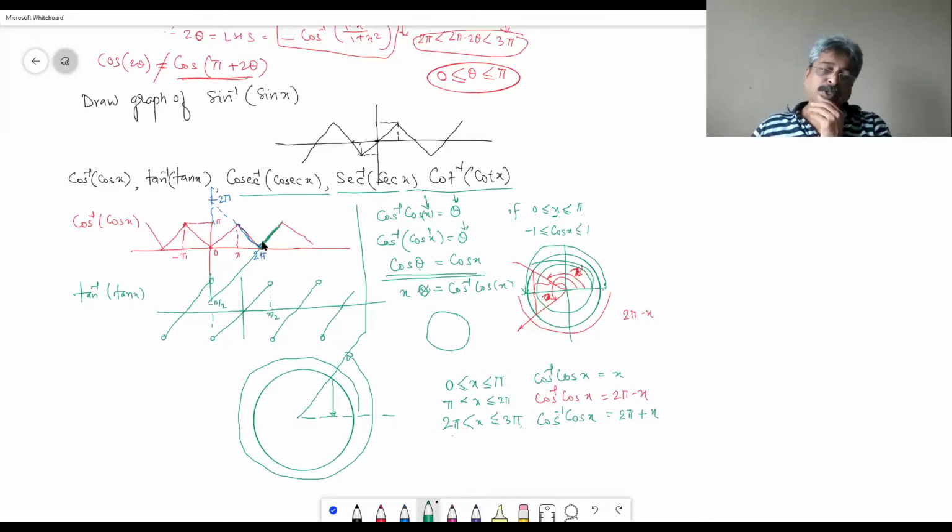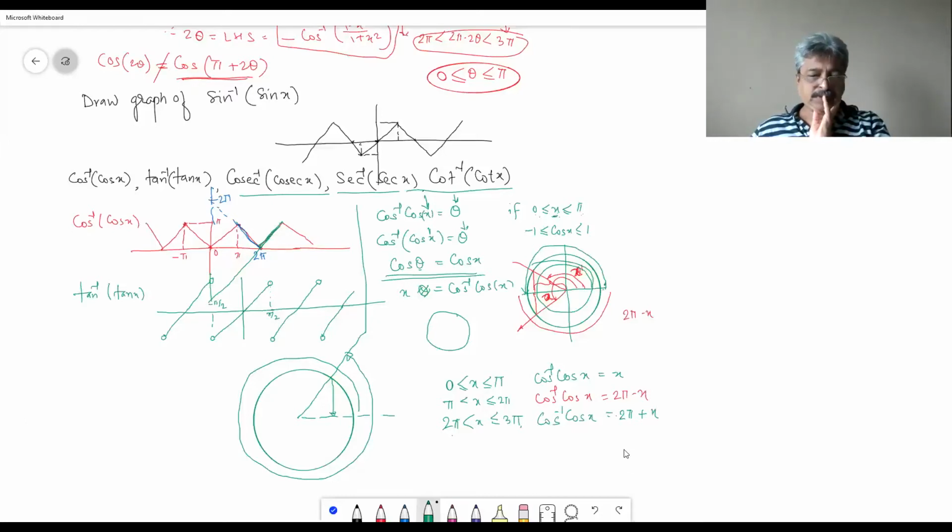So from here to here, all the values that you will get will be the same as 0 to pi. But then it should follow this straight line, which is next.